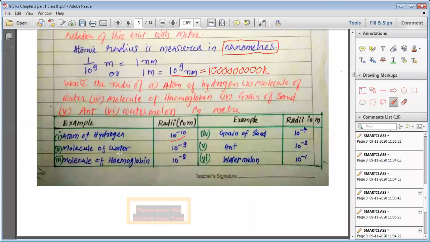Molecule of water, radius of molecule of water is 1 nanometer, 10 to the power minus 9 meter. Molecule of hemoglobin, hemoglobin is found in our blood, and the radius of hemoglobin is 10 to the power minus 8 meter.